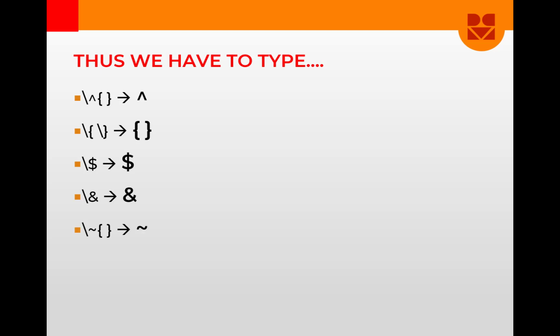Then for the tilde, you also use the backslash with the symbol, and then you use the opening and closing curly braces to activate that one as well. For the percentage, if you want to bypass it, all you have to do is use a backslash and a percentage symbol. Then for the underscore, it is the same as the tilde and the caret. So you type the backslash, the underscore, and then the opening and closing curly braces.